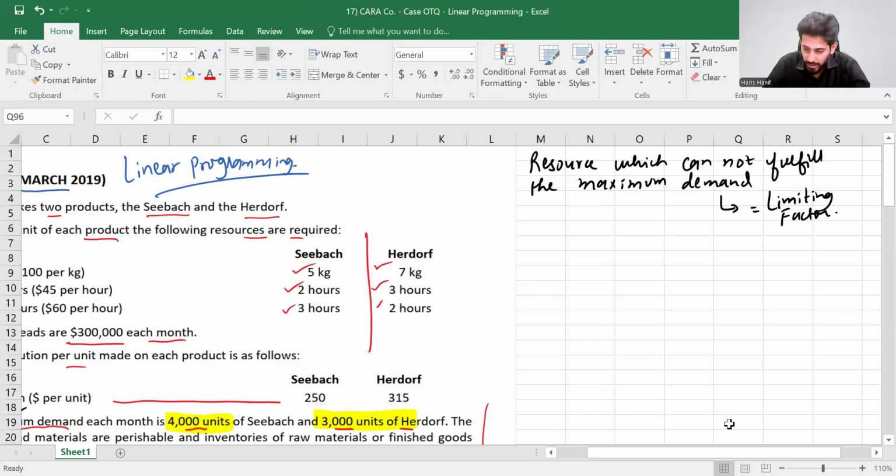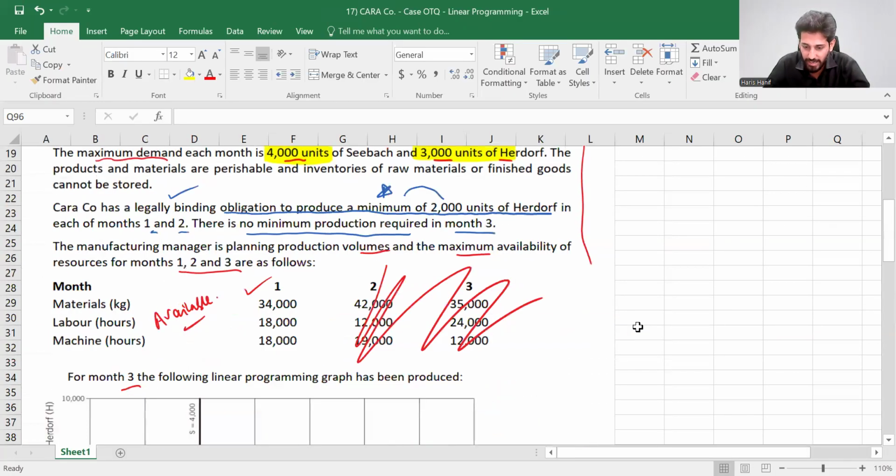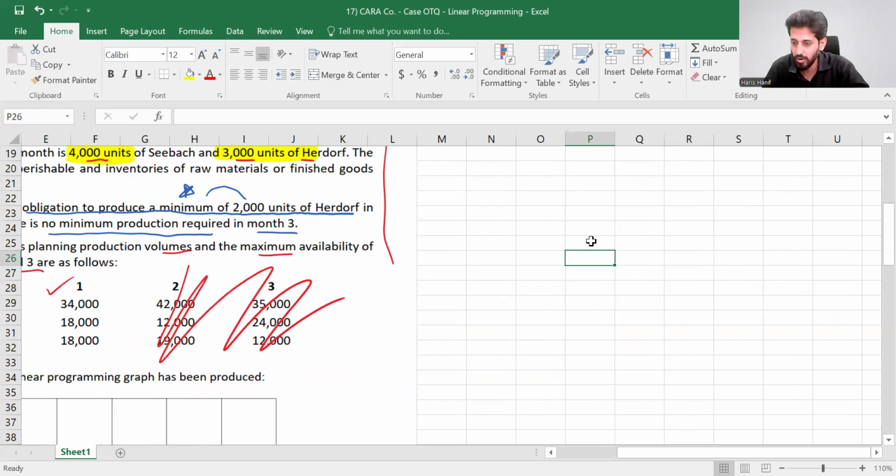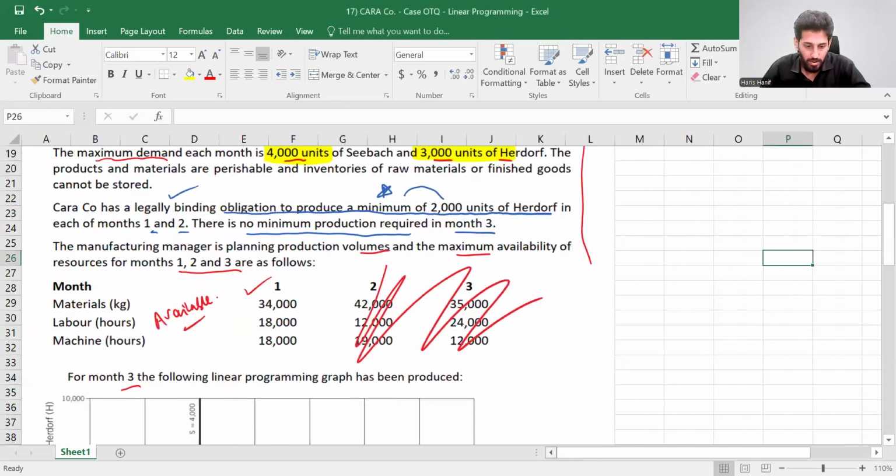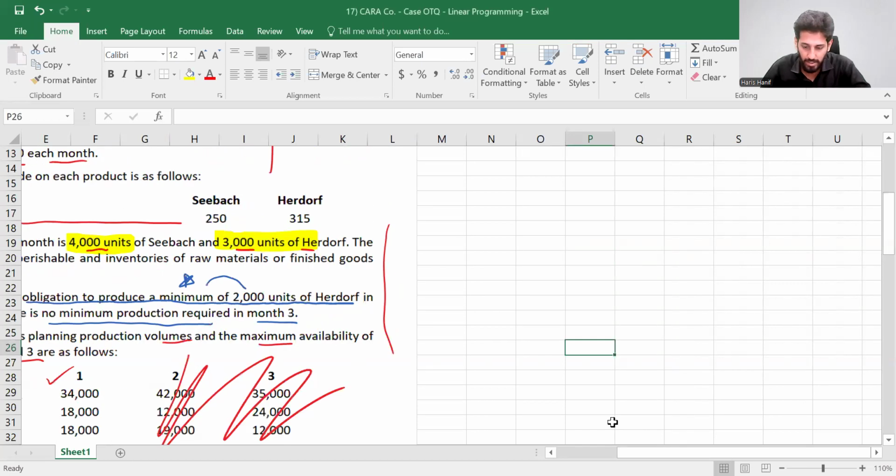Now we have to prepare the data that way, the availability and the required. They are only talking about month number 1, so let's make the table right away.